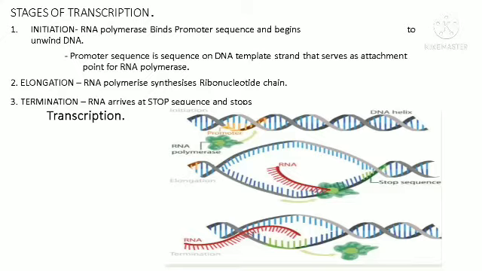Once it reaches the stop sequence, the RNA polymerase will dissociate from the template strand and release the synthesized RNA. So those are the three stages of transcription: initiation, elongation, and termination.